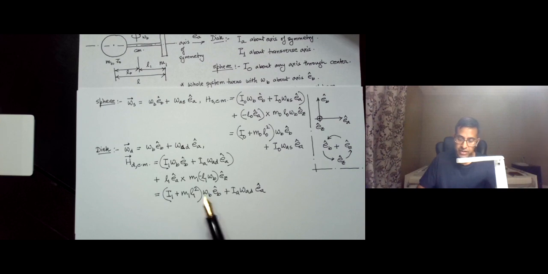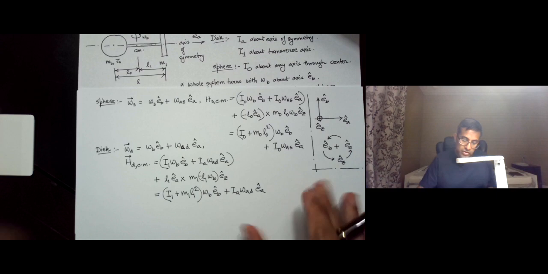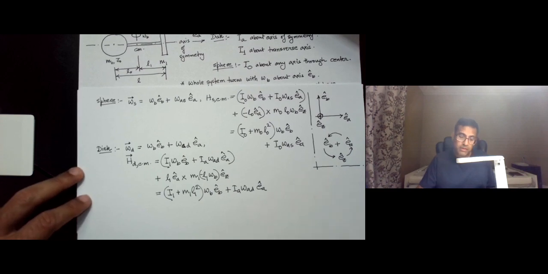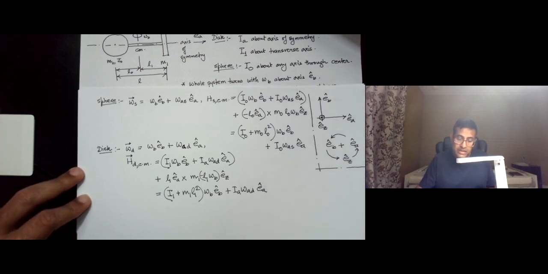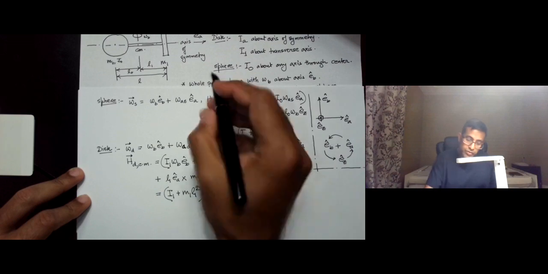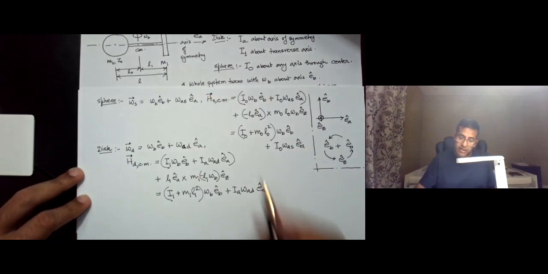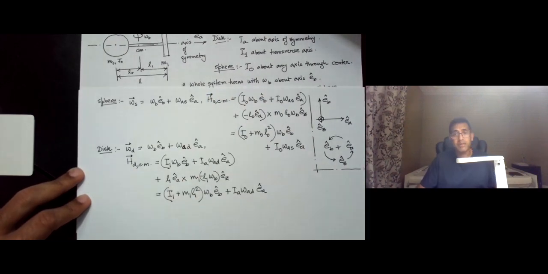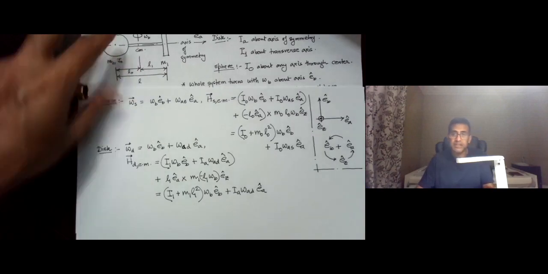The same thing happens over here, but it happens naturally as we apply the basic formulation for angular momentum about a point which is away from the center of each of the rigid bodies. So this gives us the angular momentum of the disk. Oh, I should put the arrow over here because it's a vector. The angular momentum of the disk and the angular momentum of the sphere about that common center of mass.